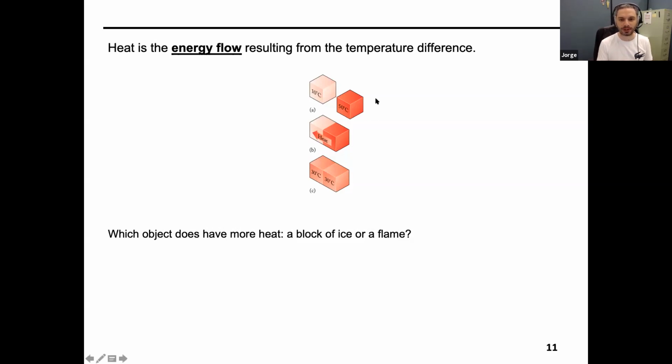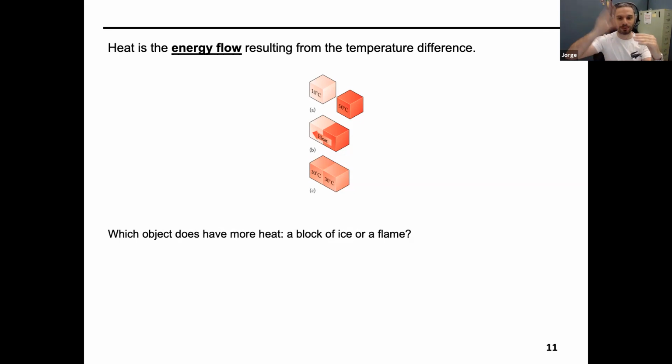So let's tackle an example here. If we have a body at 10 degrees and another body at 50 degrees, we clearly have a difference in temperature. The higher the temperature, the higher the vibration of the molecules, and the lower the temperature, the lower the vibration of the molecules.